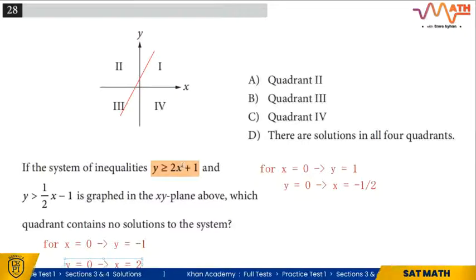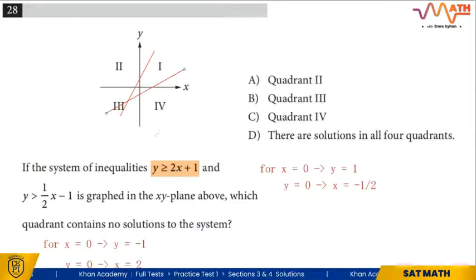So we need y is -1, x is 2. Okay, let me draw y is -1, x is 2. It can be something like this.